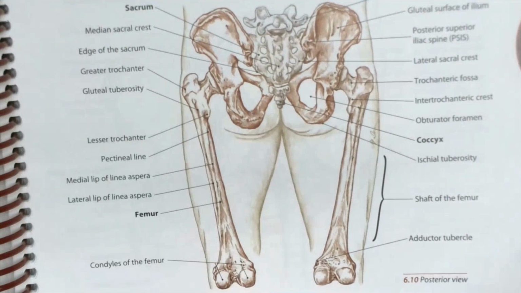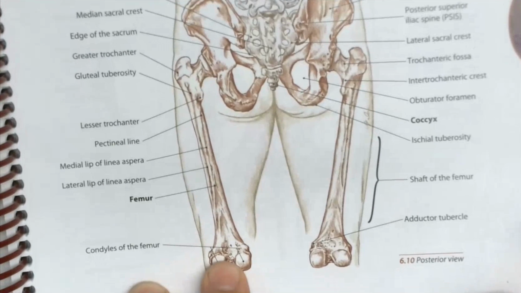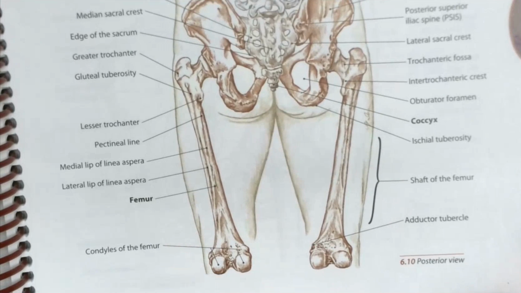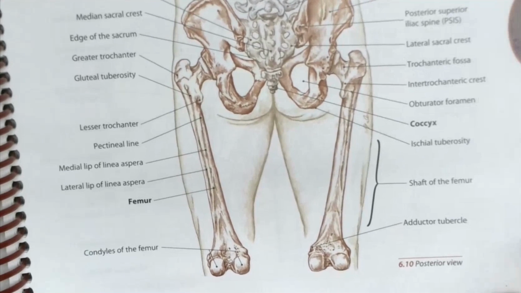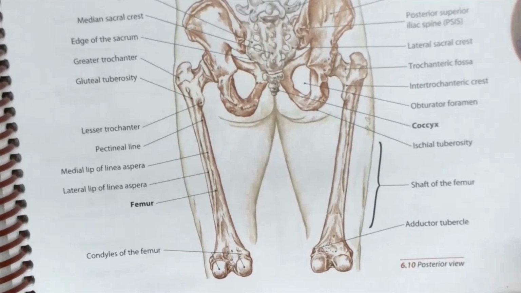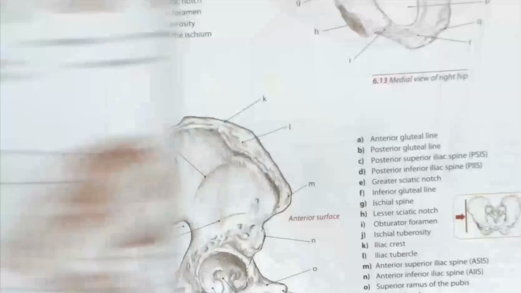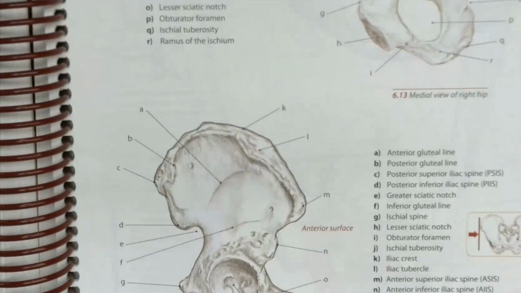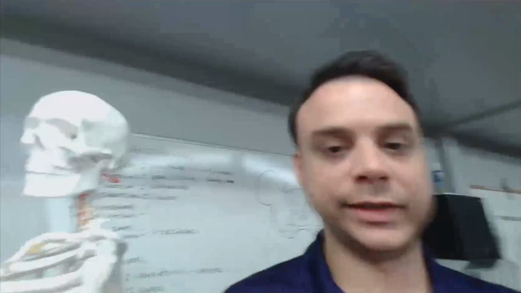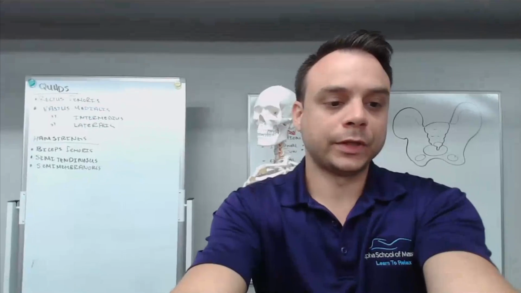At the very distal end of the femur, we have condyles, which very similarly resemble the humerus that we'll look at in another lecture. That's pretty much it for our femur. We do have the tibia, which we'll take a look at in another lecture, so we won't worry about it too much for now, but we'll definitely need to pay attention to it later on.